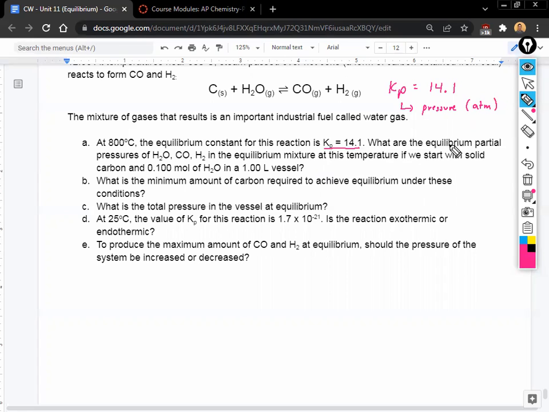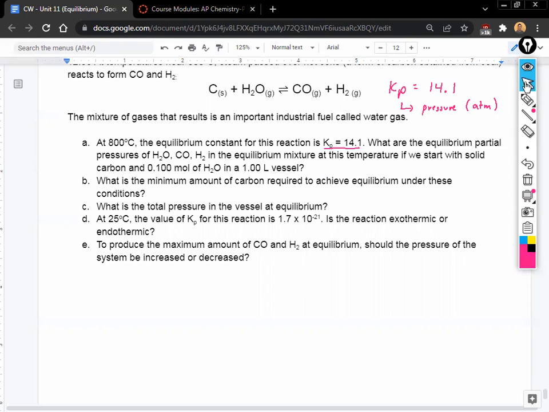Now it's asking us, what are the equilibrium partial pressures for H2O, CO, and H2 if we start with solid carbon and 0.1 moles of H2O in a 1 liter vessel. So here we're going to have to use an ICE table.